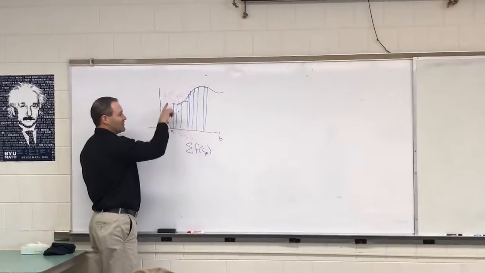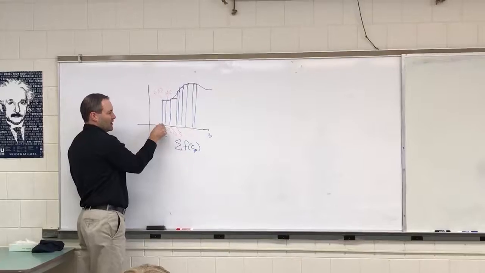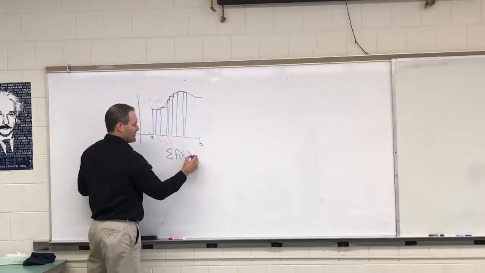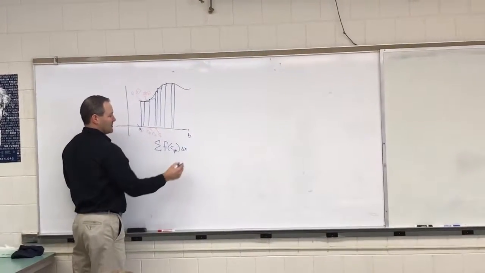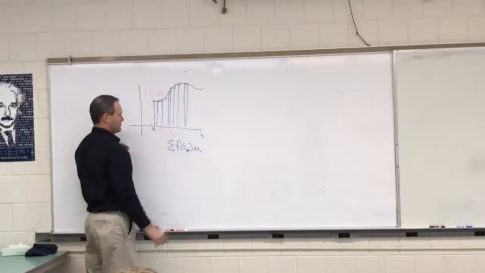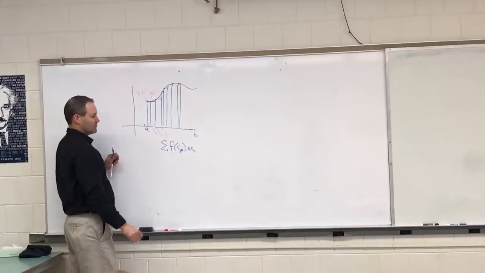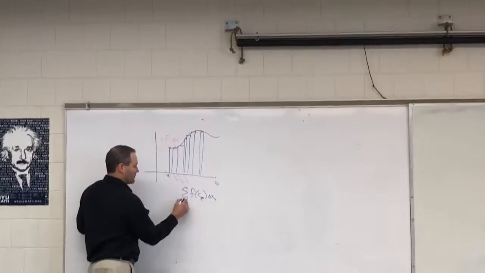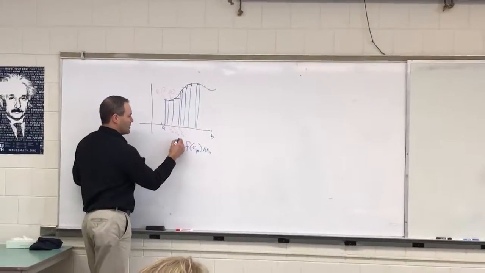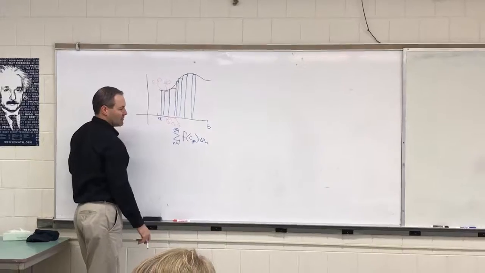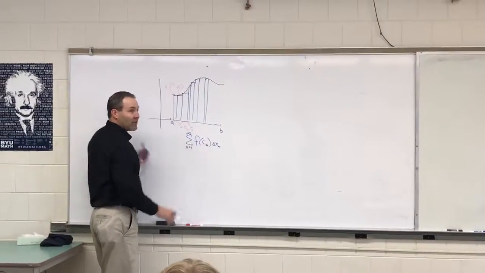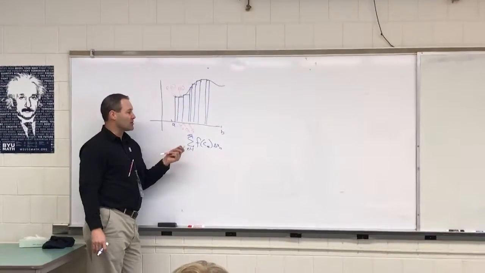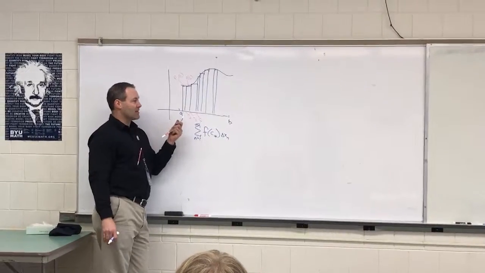So that's the height of the first rectangle. The width of it would be delta x sub n. Delta means change. And we're going from n equal to 1 to infinity, we'll say. Okay, so all that is the sigma notation for adding up all the rectangles.